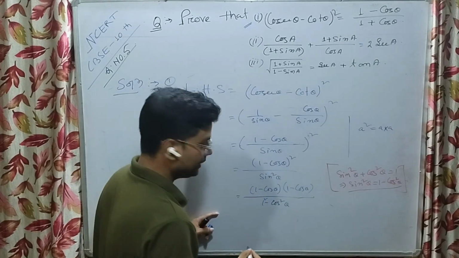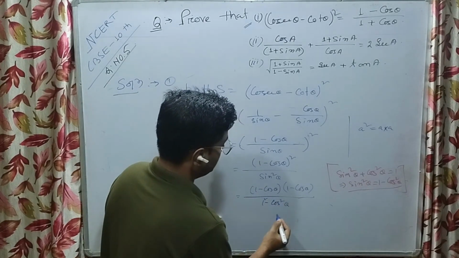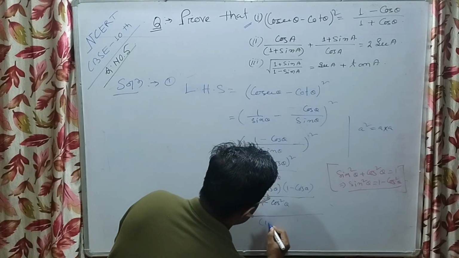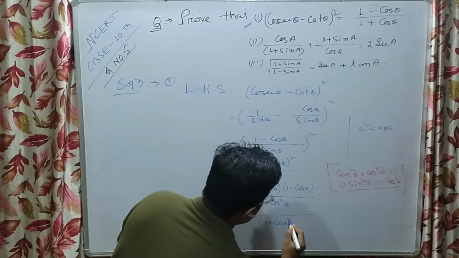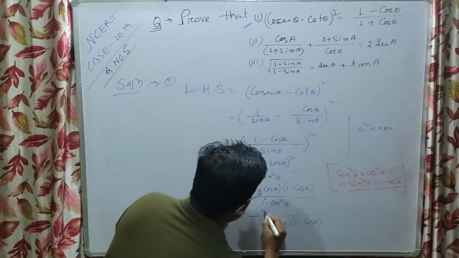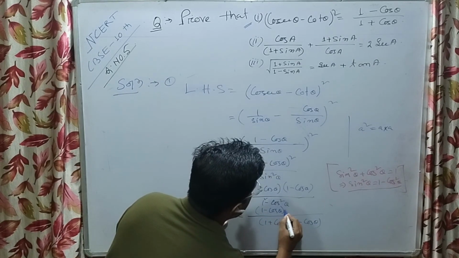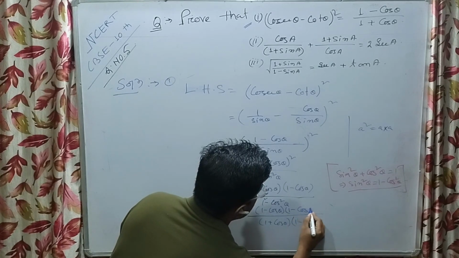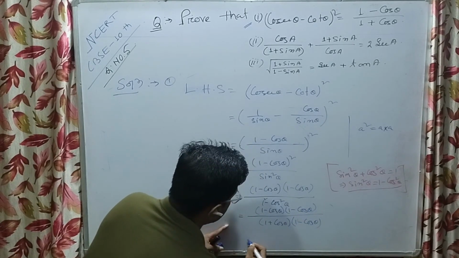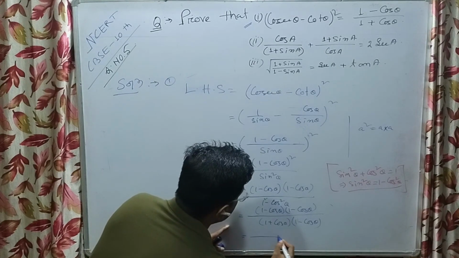I can deduce it using a square minus b square. A square minus b square is equal to what? A plus b into a minus b. 1 minus cos theta into 1 minus cos theta; there will be 1 minus cos theta, and 1 minus cos theta will be eliminated.